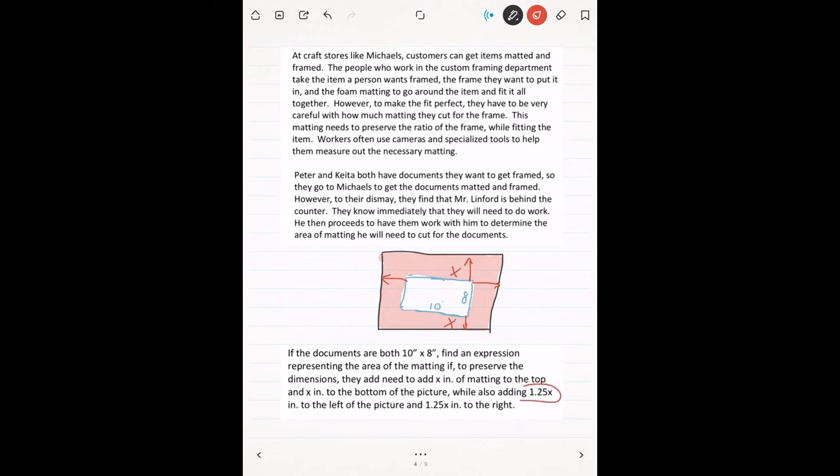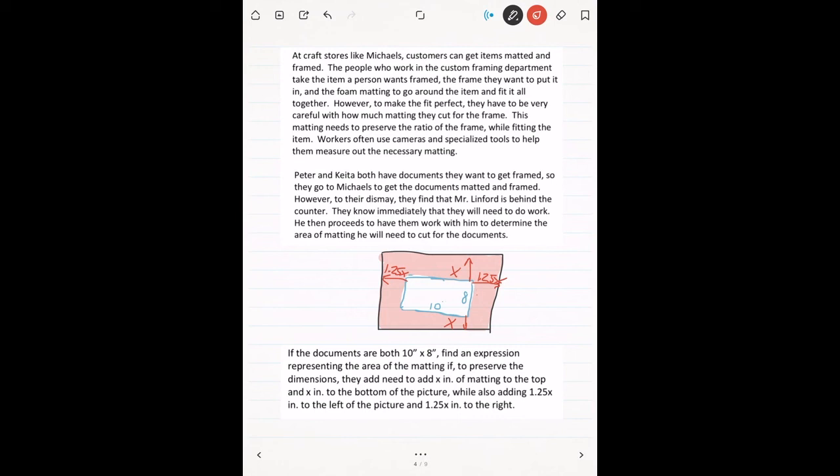From the left and the right, we move in 1.25x. This is how much space we're moving from the left and the right to go from the picture to the edge of the frame. Maybe we can use some of these dimensions to help us out here.